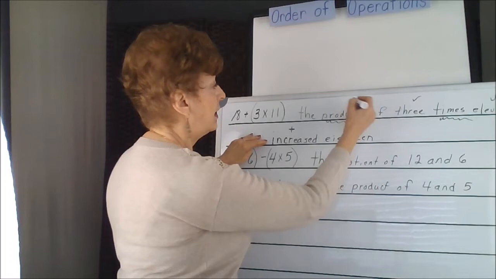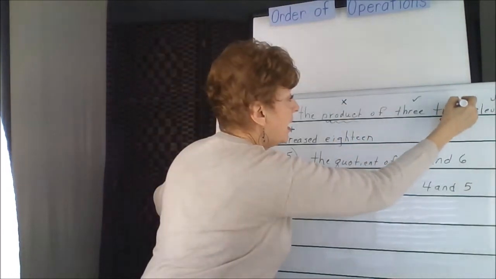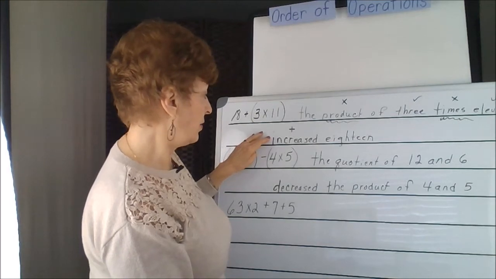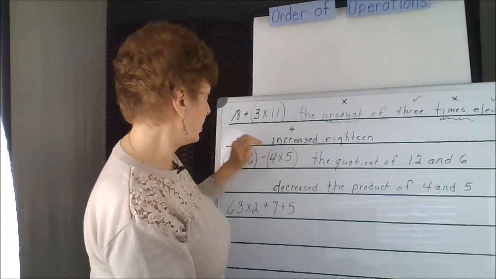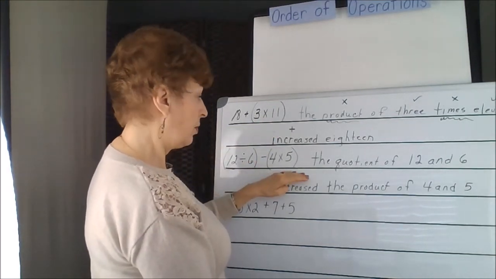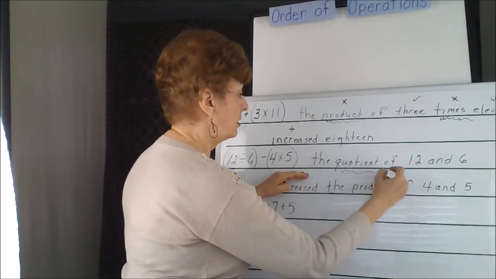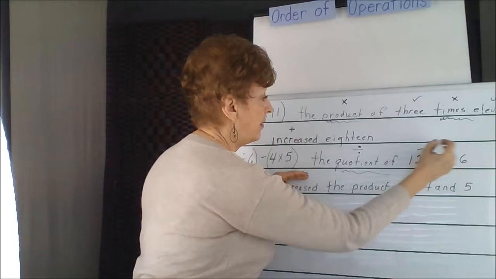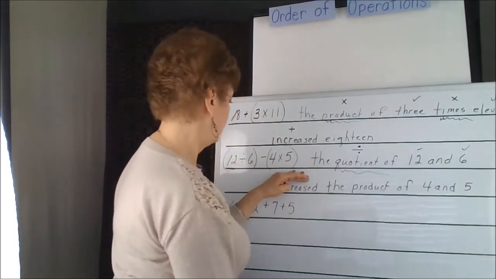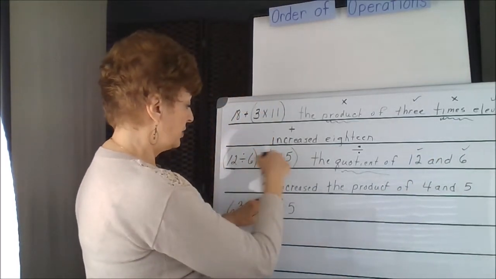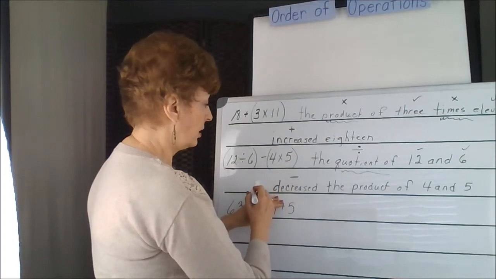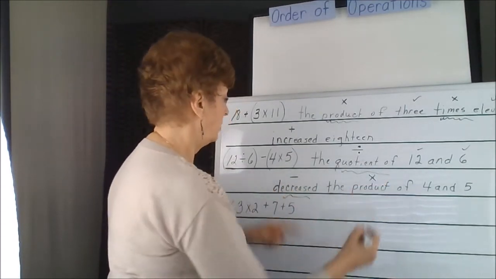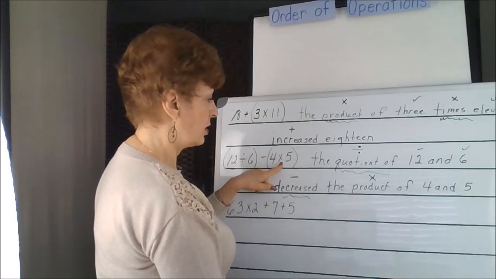So we've got the product and the times giving us the multiplication clues, and the increased giving us the addition clue. In here, we've got quotient. That gives us the division clue. Of course, we have our numbers. Decreased gives us the subtraction clue, and product gives us the multiplication.